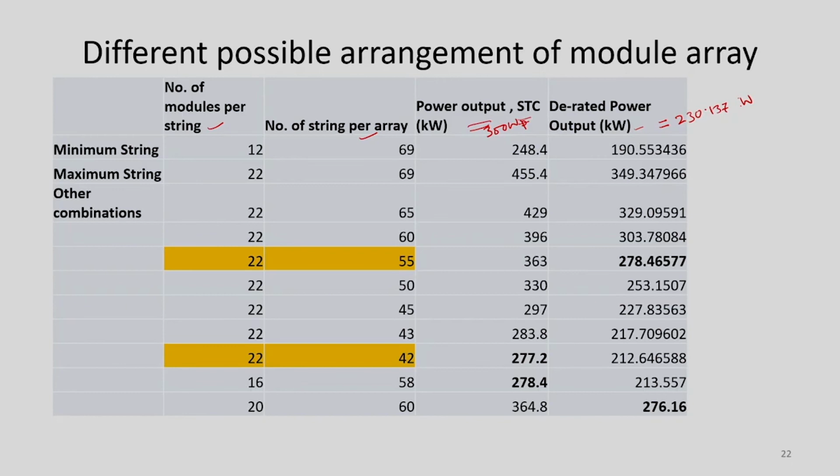As calculated before, the minimum and maximum number of modules per string are found to be 12 and 22.